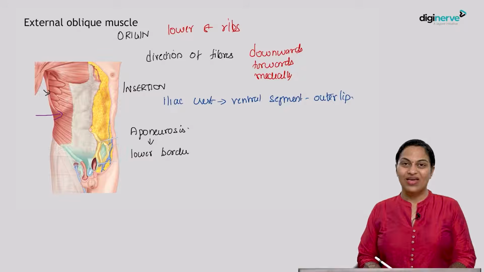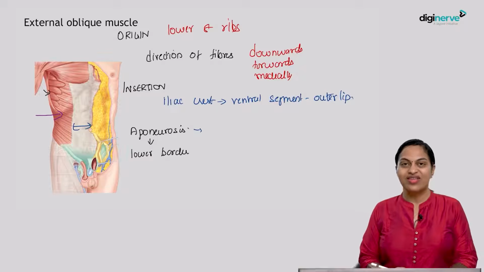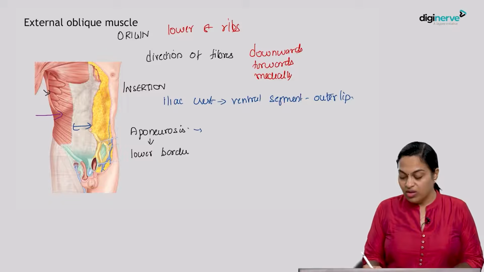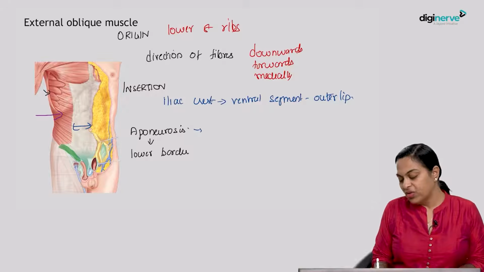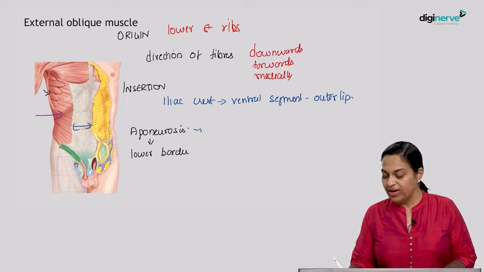Okay, and you can see it forms an upper aponeurosis. The lower border of this external oblique aponeurosis is going to be thickened and forms the inguinal ligament.